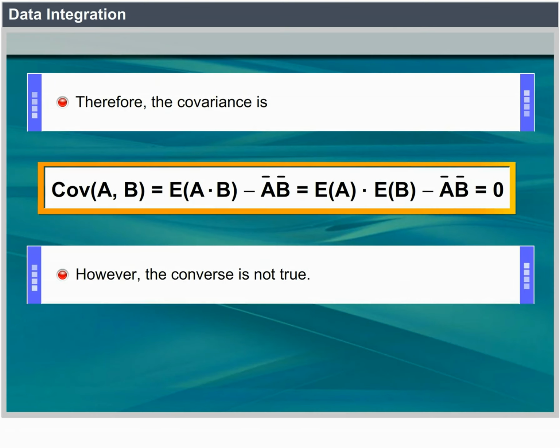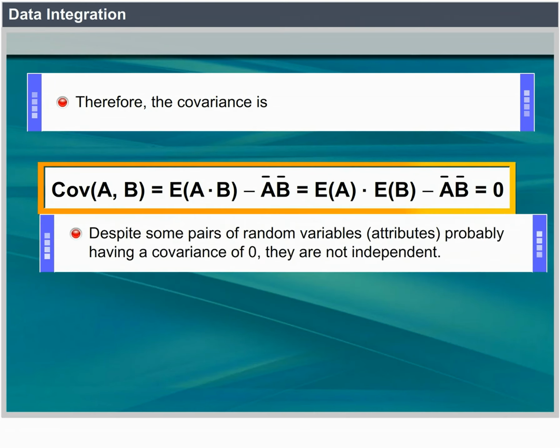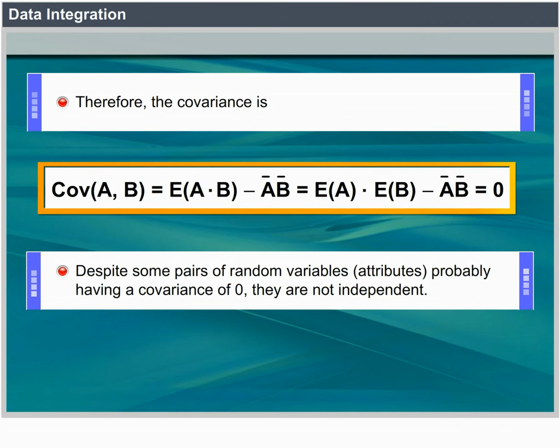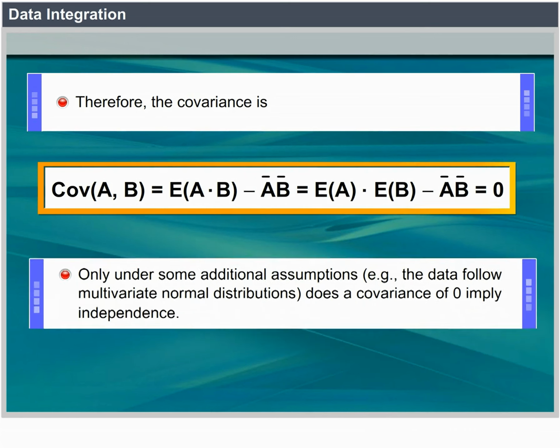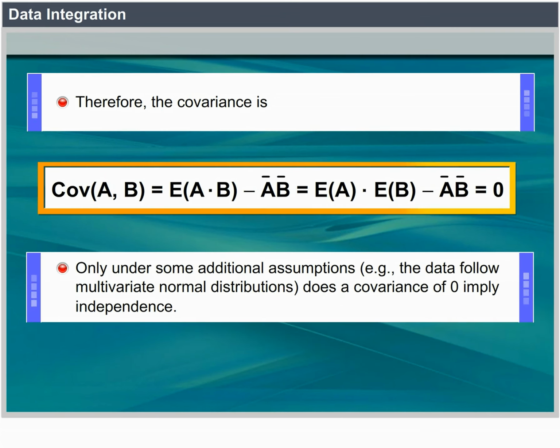However, the converse is not true. Some pairs of random variables or attributes may have covariance of 0 but are not independent. Only under some additional assumptions, that is, the data follow multivariate normal distributions, does a covariance of 0 imply independence.